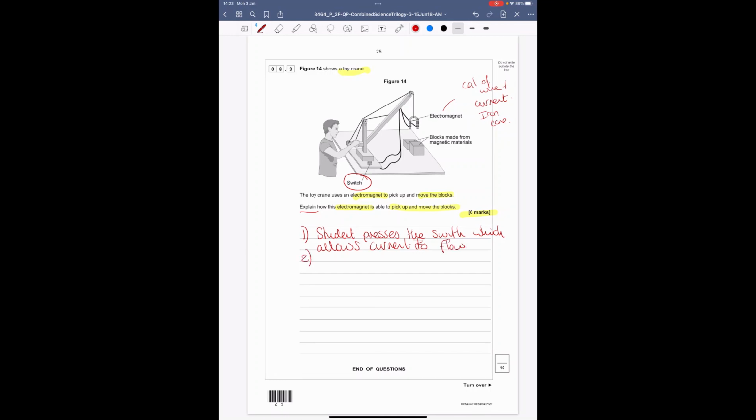Then that current is going to go round and power the electromagnet. The current allows the electromagnet to generate a magnetic field.